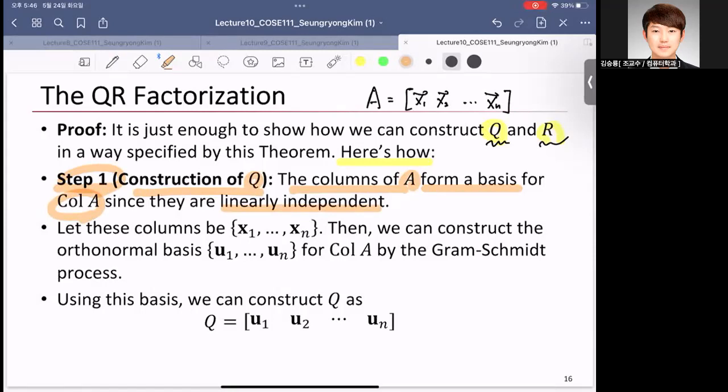Because the columns of matrix A are already linearly independent, the columns themselves form a basis for the column space.